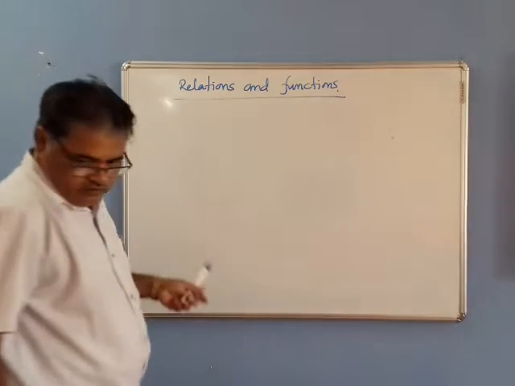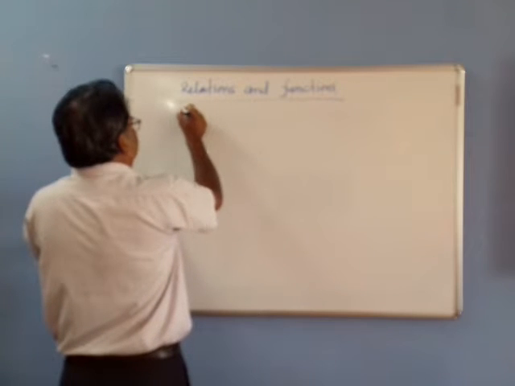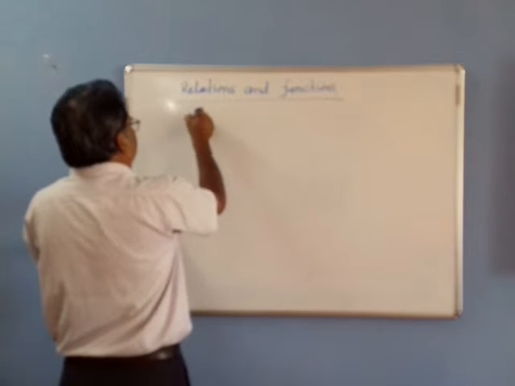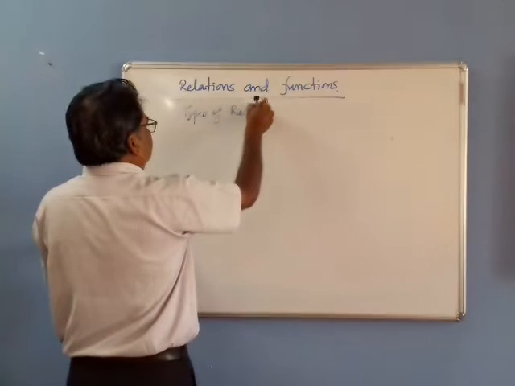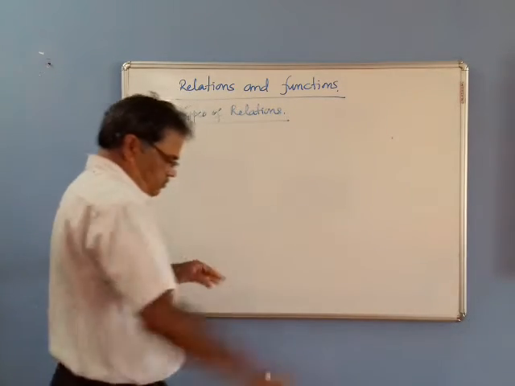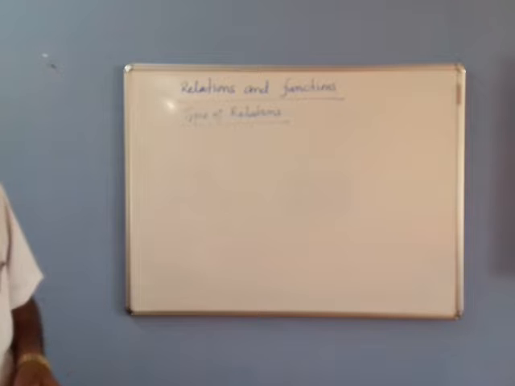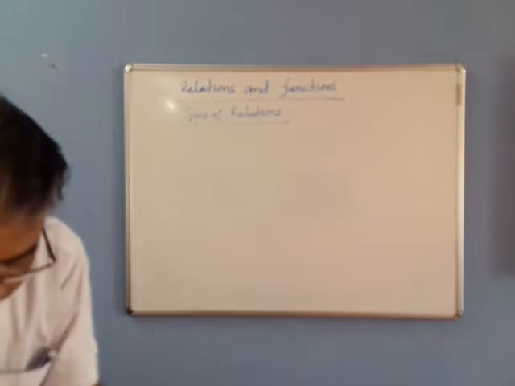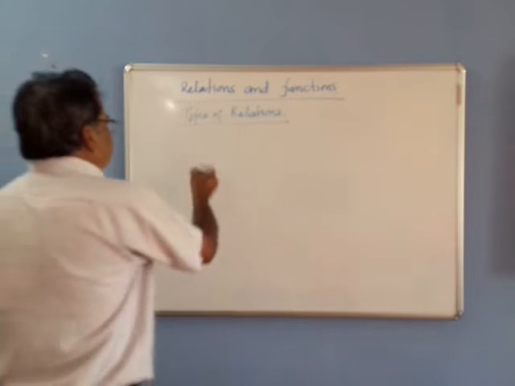After that, we will see types of relations now. There are many types of relations. First one is empty relation.